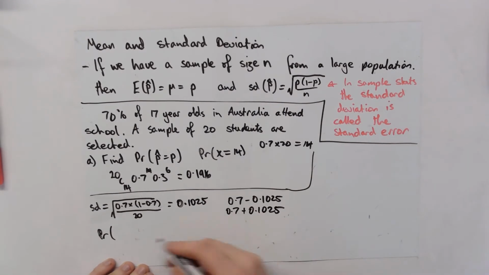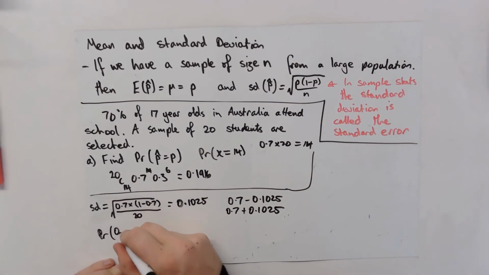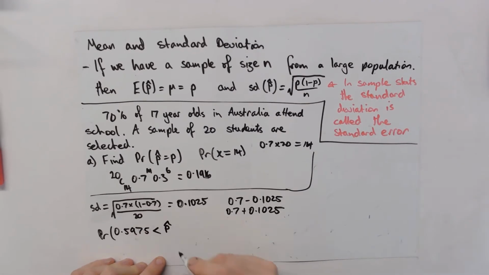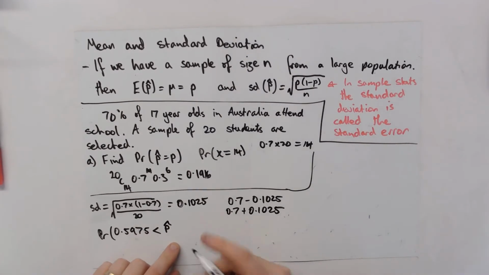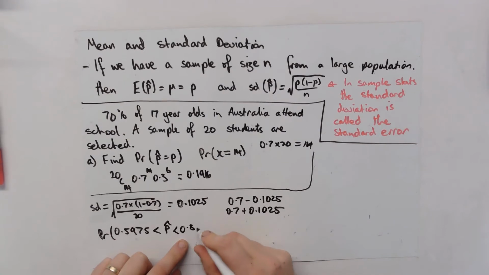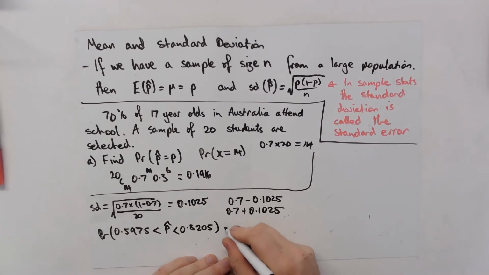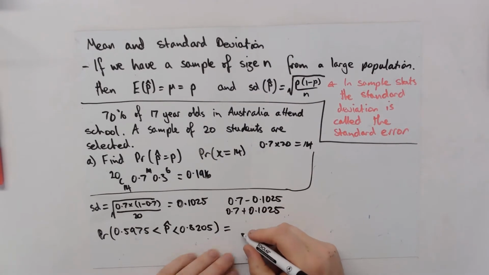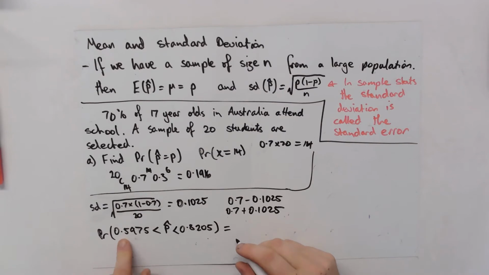When we do this, we get 0.5975 less than our sample proportion, and less than, when we add that on, 0.8205.